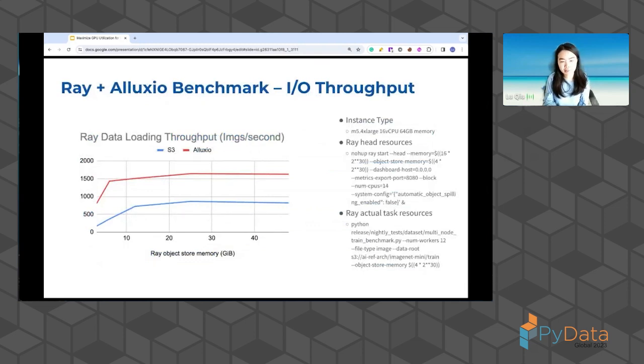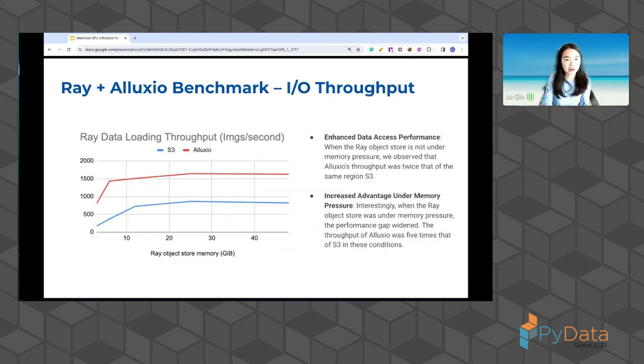And we did some benchmarks using the Ray nightly test, which is published in their public GitHub repo. Compared with same region S3, Alluxio can provide twice the throughput. It really depends on how far away your training job is from your storage system.